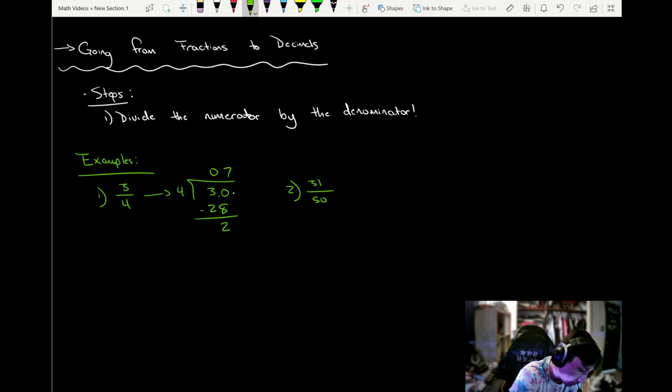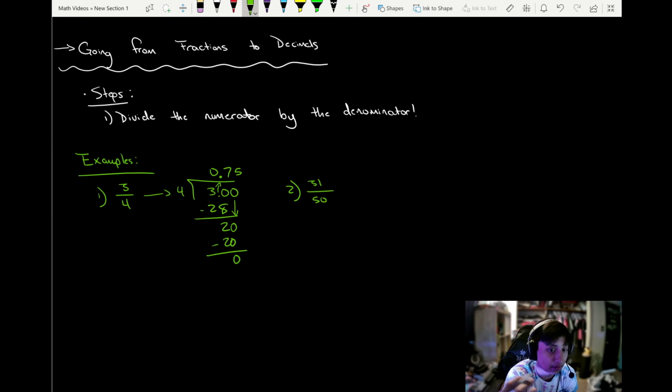And we can add another 0, because 3.00 is the same thing as 3.0, which is still the same as 3. We bring this 0 down, and then we ask how many times does 4 go into 20? That's 5 times, because 5 times 4 is 20. And now we don't have a remainder anymore, and we can just bring that decimal point straight up. So 3/4, the fraction, as a decimal is 0.75.